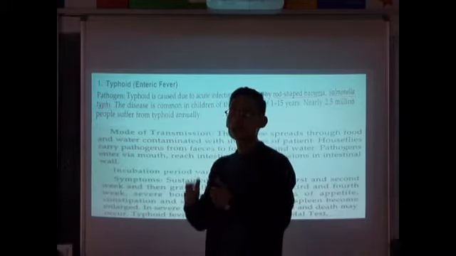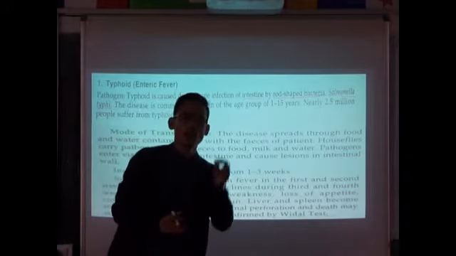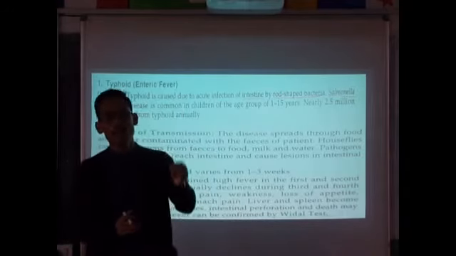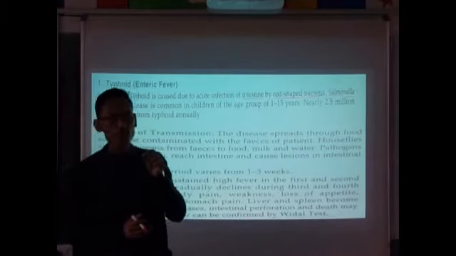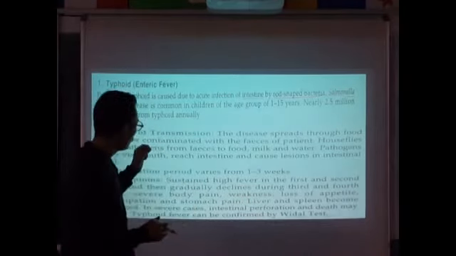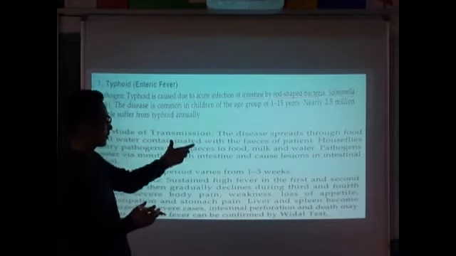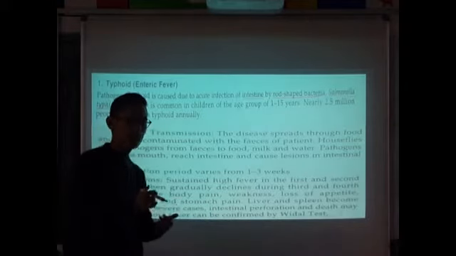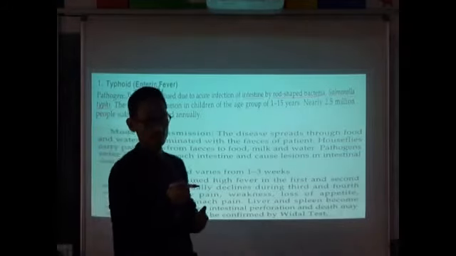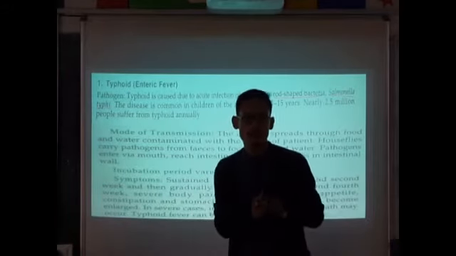Now mode of transmission: how are these pathogens or bacteria transmitted from an infected individual to a healthy individual? When we look into the mode of transmission, this particular pathogen is mainly transmitted by the help of a carrier. Now try to recall the difference between a vector and a carrier.